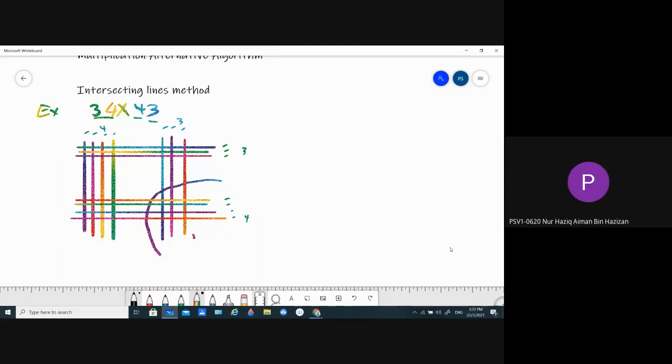12. 12, okay. How about this side? How many intersections there? 1, 2, 3, 4, 5, 6, 7, 8, 9, 10, 11, 12. How about in the middle, on top and in the bottom? On top here, how many?